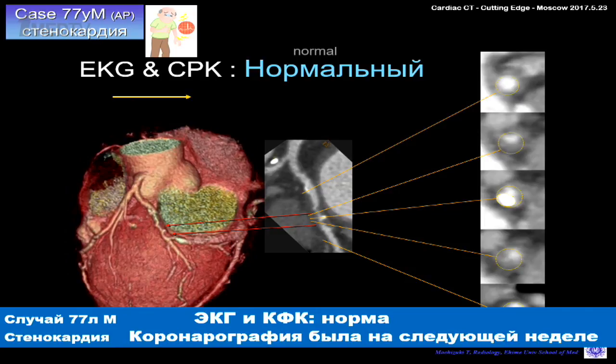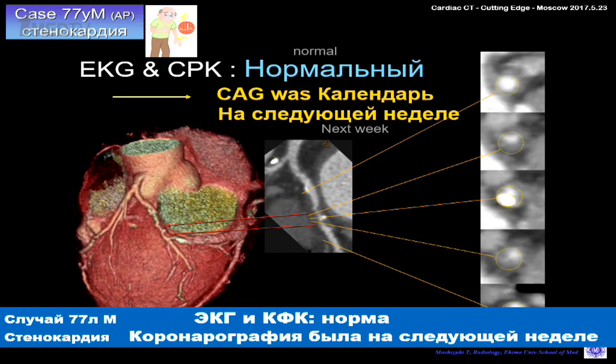We can see the severe stenosis in the left circumflex artery here, and stenosis here in the short axial image. So the patient was planned to do the coronary CT angiography next week.